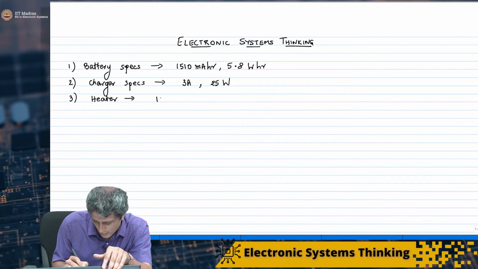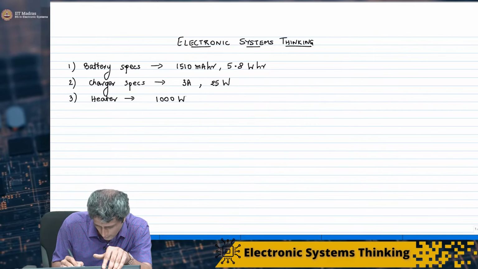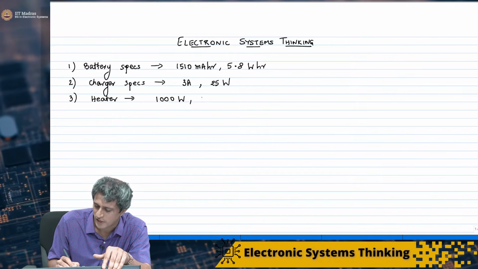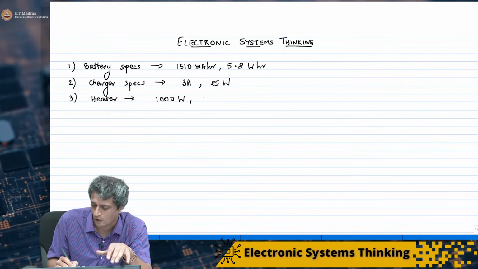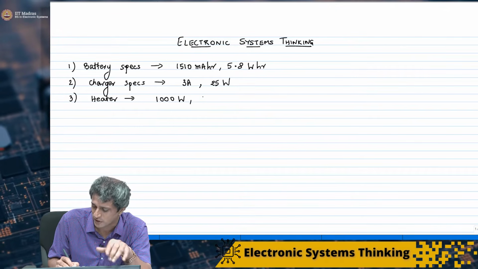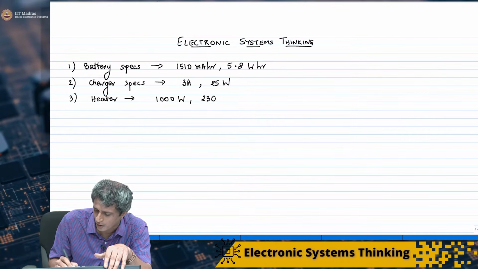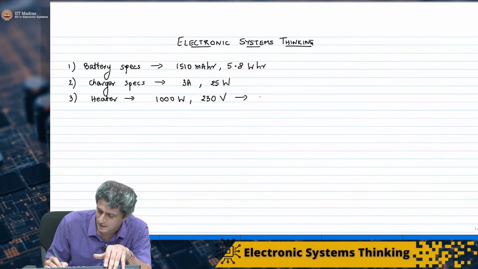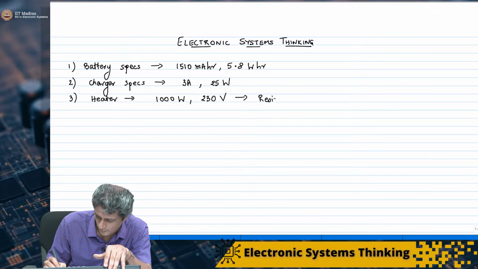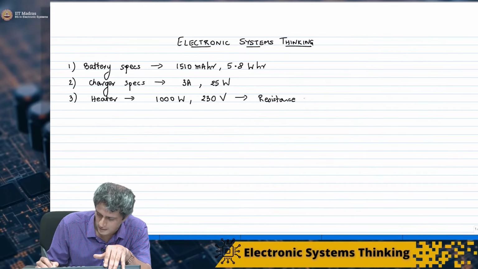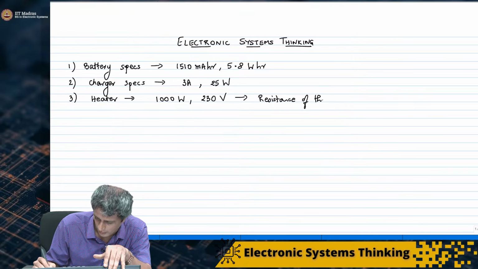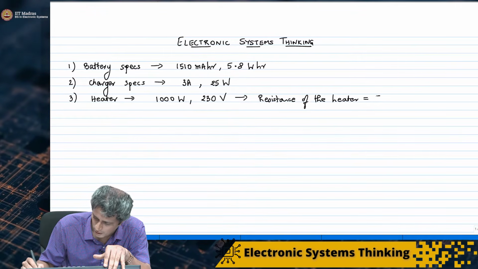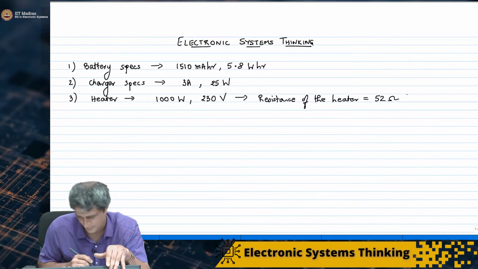This was a 1000 watt heater, and we measured the voltage, albeit an alternating current voltage, something like 230 volt. The result we found was that the resistance of the heater was about 52 ohms.